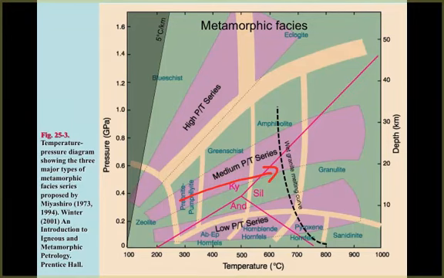And that curve is going to move to higher temperatures if your protolith is a basalt or some other rock that is more mafic than a granite. This is where you're stepping over the solidus and starting to get partial melts.